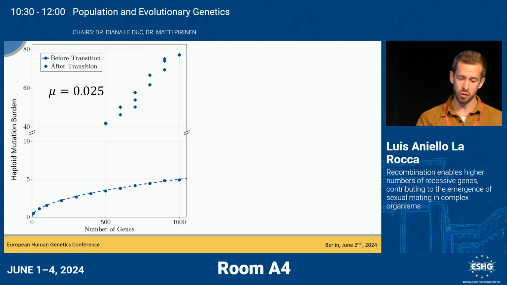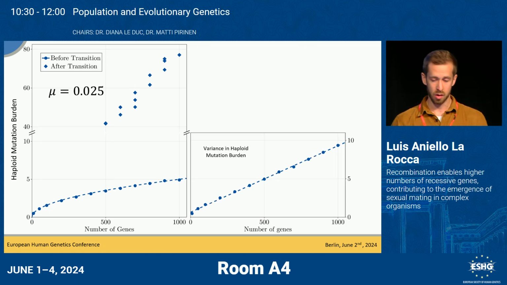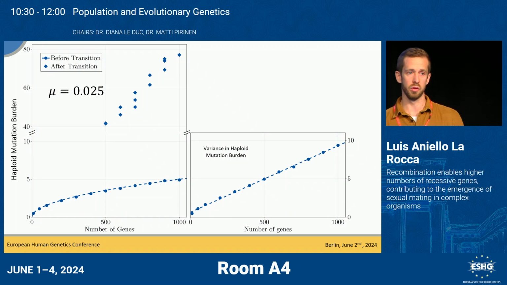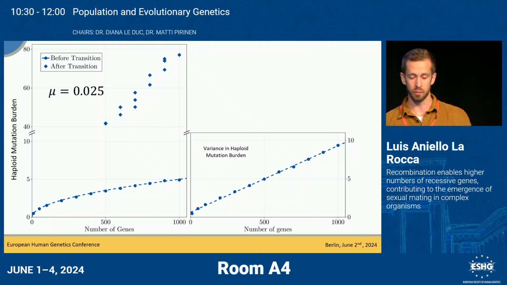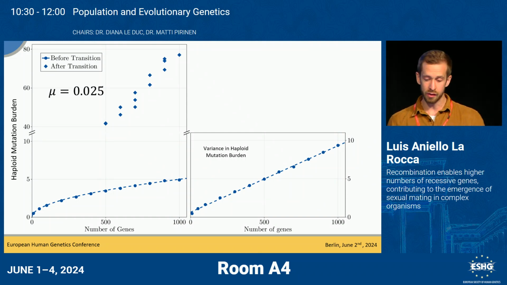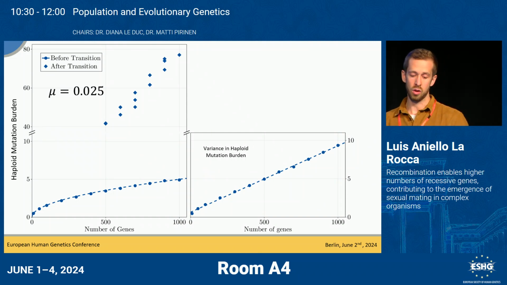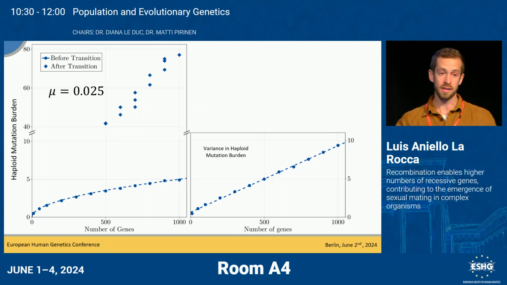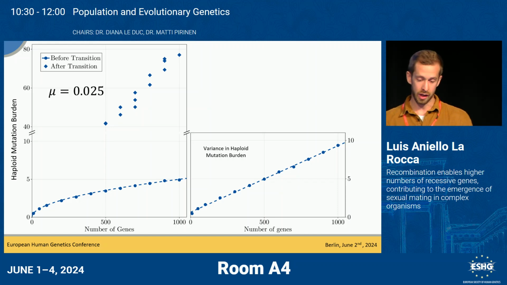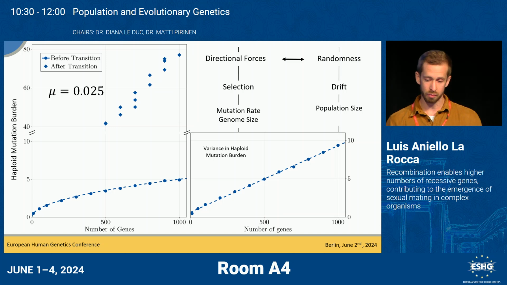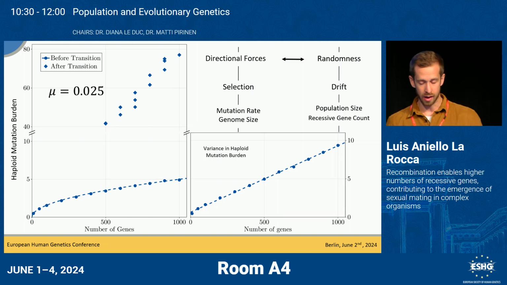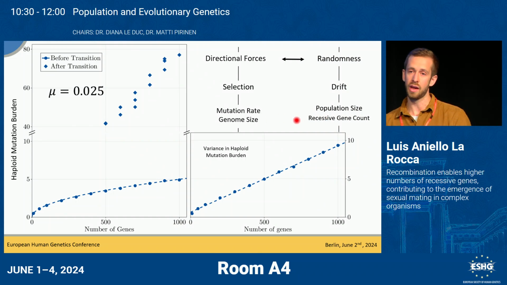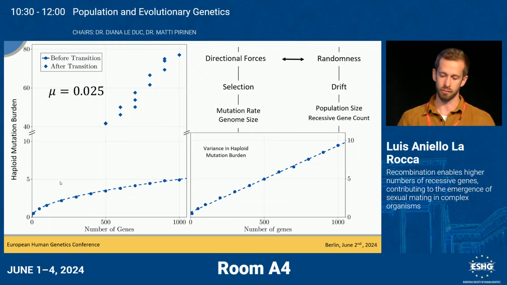But we don't want only to look at the expectation, but also at the variance of the haploid mutation burden, which is a measure for fluctuation. And there we see that the variance increases linearly with the recessive gene count and exceeds the expectation. So therefore, we can really refine the drift barrier hypothesis and add the recessive gene count as one parameter that affects the randomness of the population.